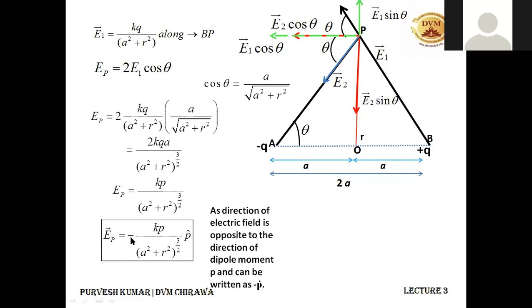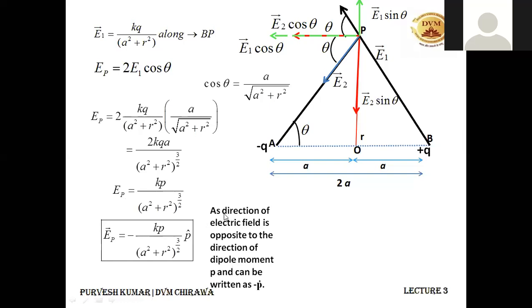So that's why this minus sign is over here, because the direction of this resultant electric field is opposite to the direction of the electric dipole moment, and the unit vector that I have used over here is the vector for the electric dipole moment. That is the direction opposite to that of the P cap.